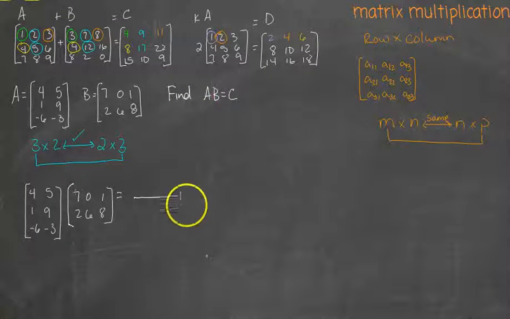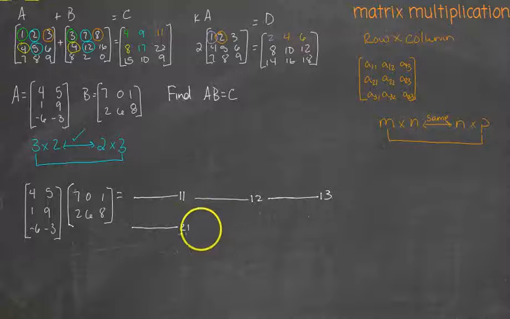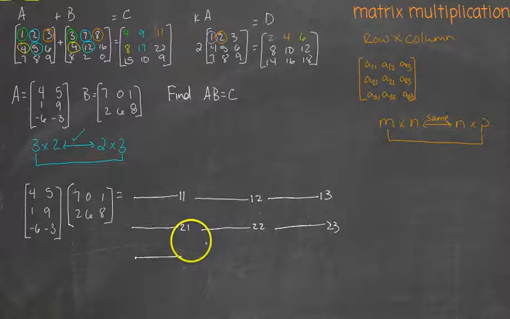Find C. So my C matrix is going to have a 3 by 3 configuration, so I'm going to have a row 1, column 1, a row 1, column 2, and a row 1, column 3. I'm going to have a row 2, column 1, 2, 2, and a 2, 3. And I'm going to have a row 3, column 1, 3, 2, and a 3, 3.